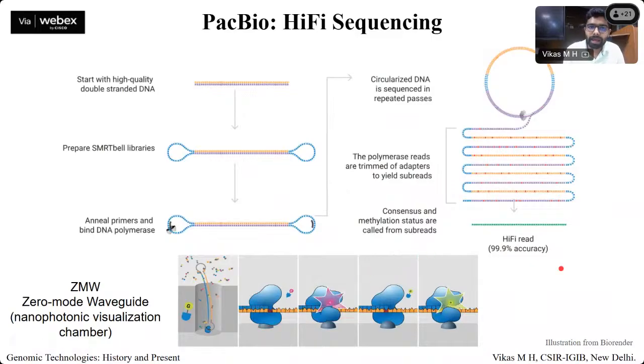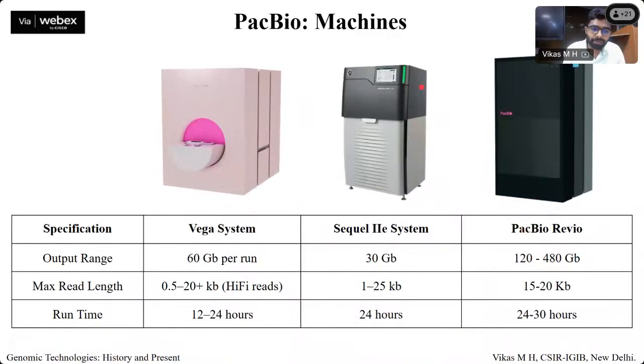And when it comes to the machines by PacBio, there are different range of machines where there is a Sequel. This is a bit older model which can generate up to 30 GB data, and the newer models like Vega and Revio, they can generate data up to 60 GB to 480 GB, and the length of the sequence can go up to 20 KB to 25 KB.